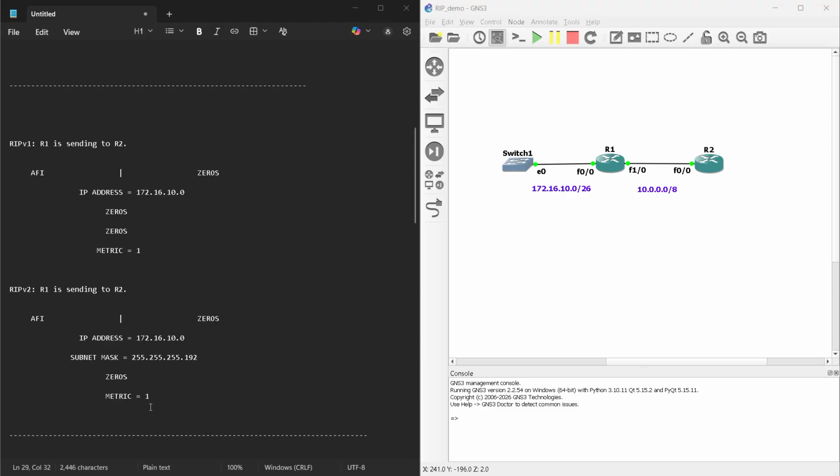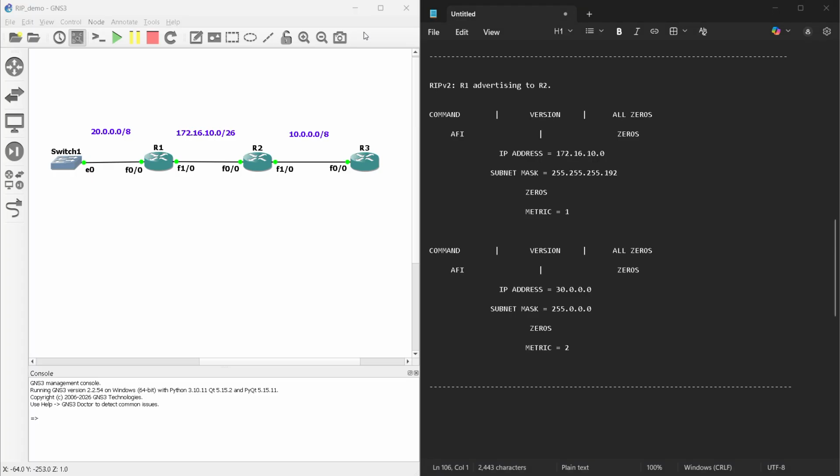Let me take another example. In this topology, when we apply RIP version 2, this is what R1 is advertising to R2.